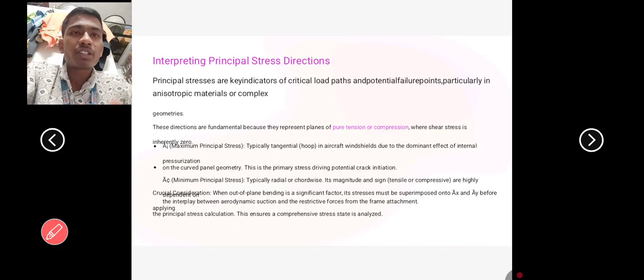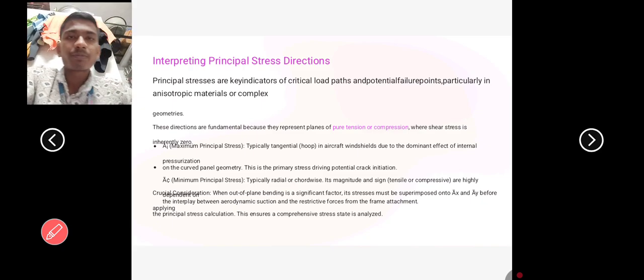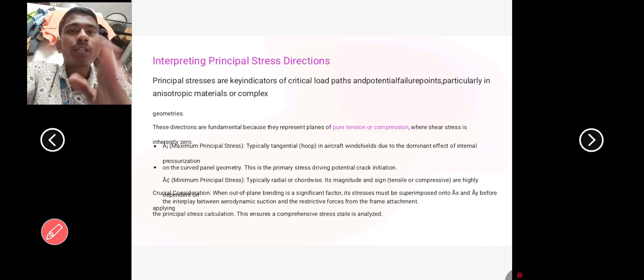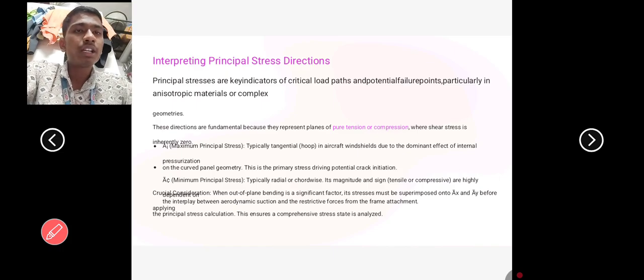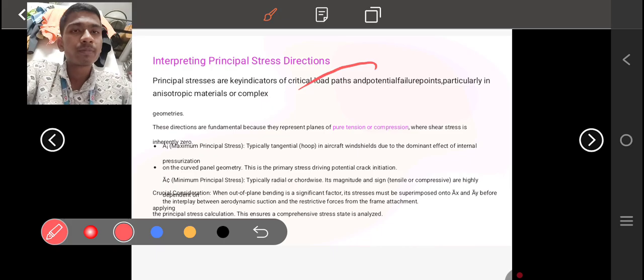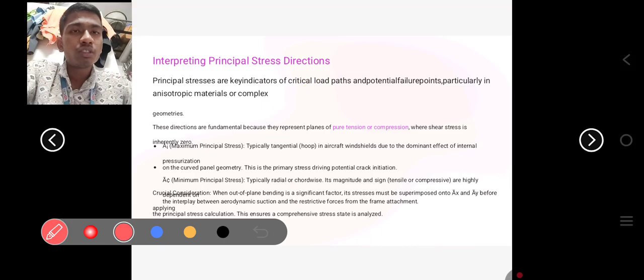Interpretation of principal stress directions. Principal stresses are key indicators for critical load paths and potential failure points, particularly in anisotropic materials or complex geometries.